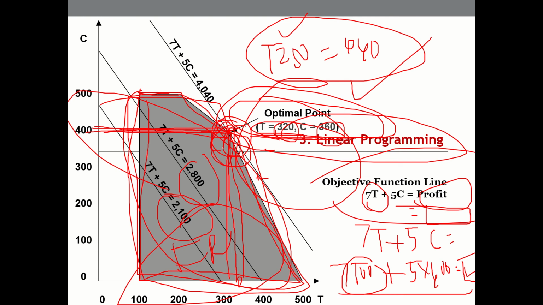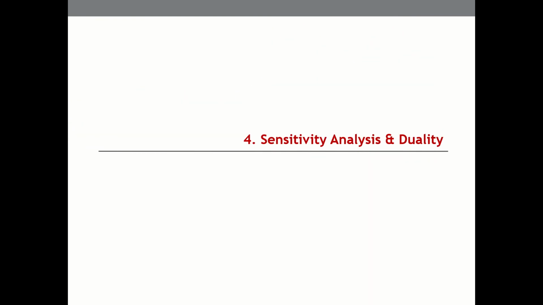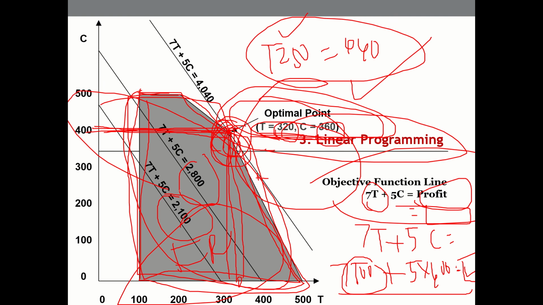In fact, Excel can also be used for generating this exercise. Now, since I'm explaining through the manual graphical method, we can use the intercepts. The intercepts are the key ones to find out what is the maximum benefit that we can arrive at, and it's up to the decision maker.